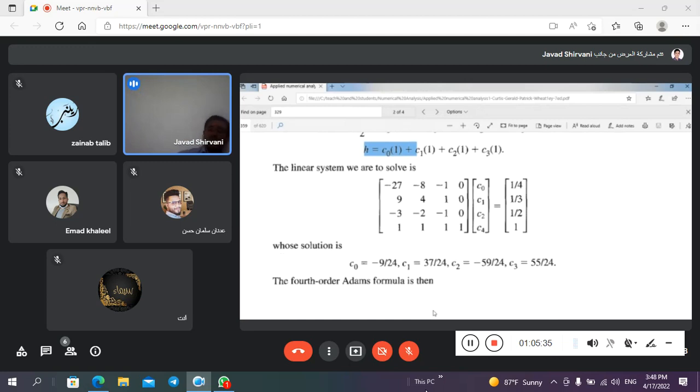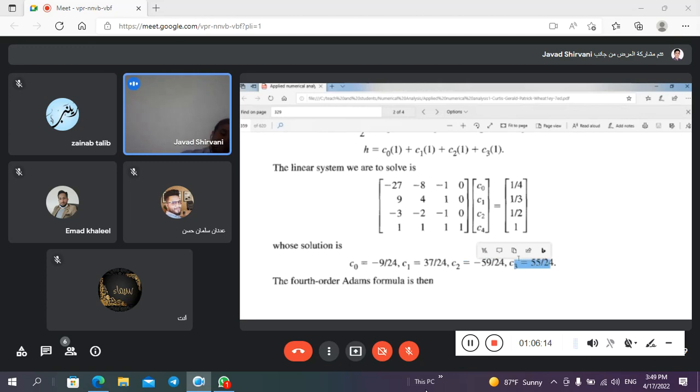We don't need to solve this system of equations because this system has been solved by researchers, and the solution is available to us. C0 equals minus 9 divided by 24, C1 37 over 24, C2 minus 59 divided by 24, and C3 as you can see on this screen.